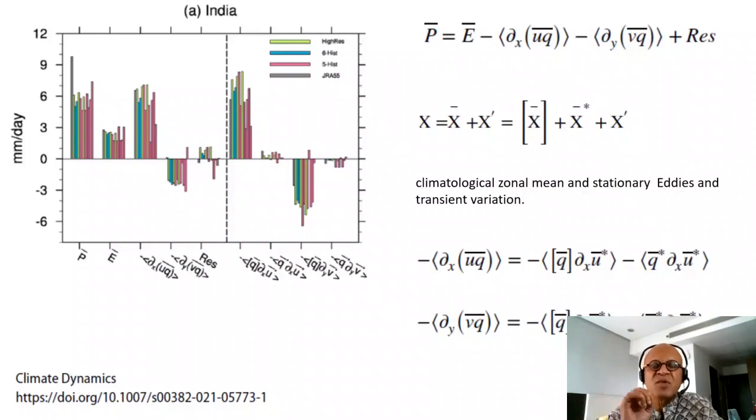So to improve models, these kinds of diagnostics become very important, as well as to understand where the biases come from when you look at maritime rainfall versus continental rainfall and so on.